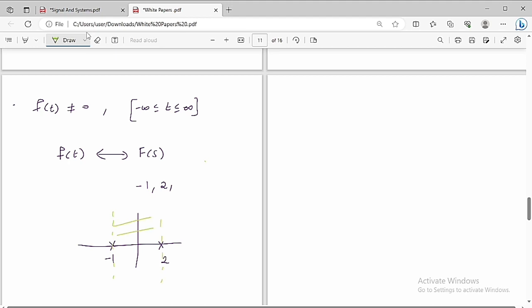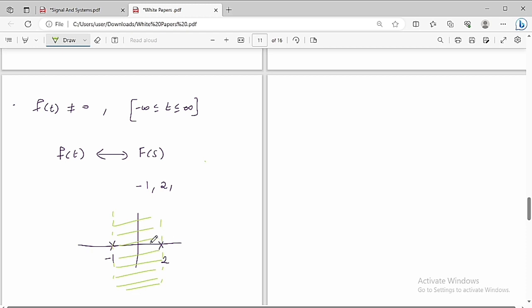So this is the ROC. We can see clearly here it is going to lie between the two poles. So the ROC is bounded between the two poles, or we can say a rectangular strip, or a common region of ROC.